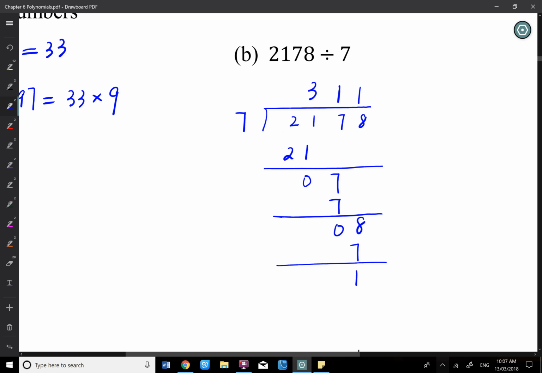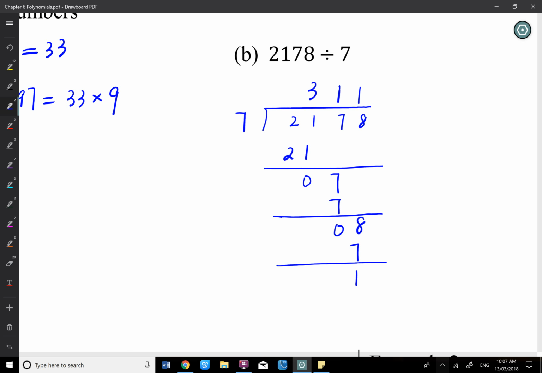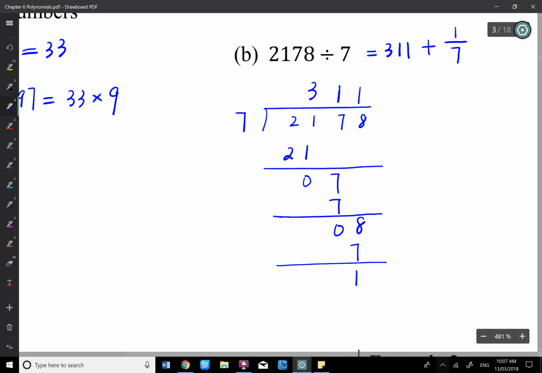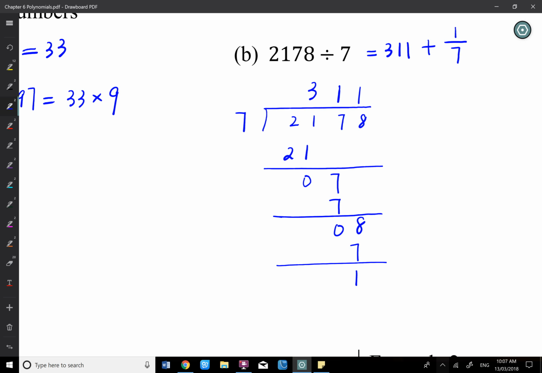Okay, two ways again I can write the solution. So I can write this equals 311 plus 1 over 7. Have a think about that. We have 311 sevens in 2178, and then we remain with 1. So the 1 divided by 7 will be 1 over 7.